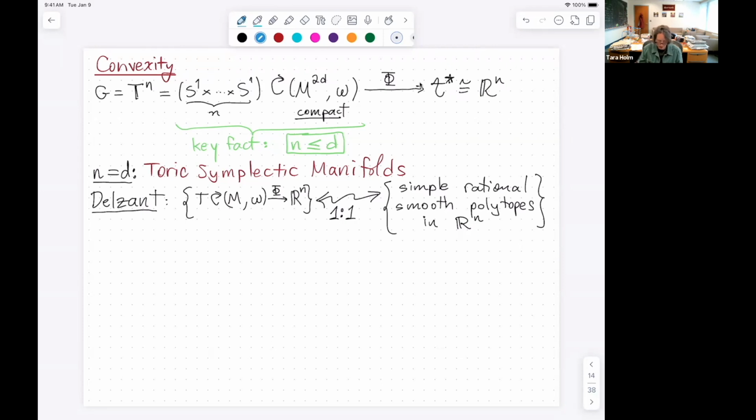So in the toric case, Delzant proved that there's a one-to-one correspondence between Hamiltonian, and I should be very explicit here, n-tori on M^2n, acting with momentum image, and these are classified entirely by a certain class of polytopes. Simple means that the polytope has n edges emanating from each vertex.